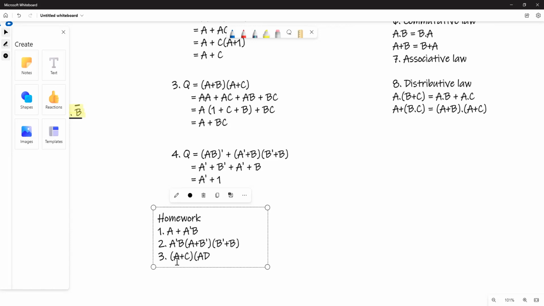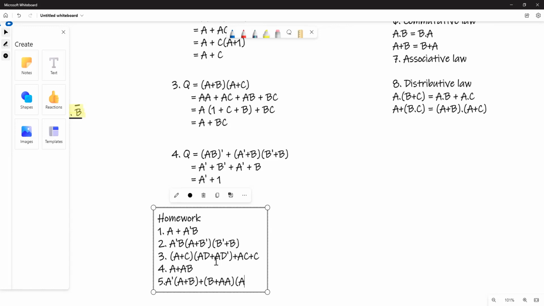And then third one, a plus ab. Fifth one, a bar (a plus b) plus b plus (a plus b bar).